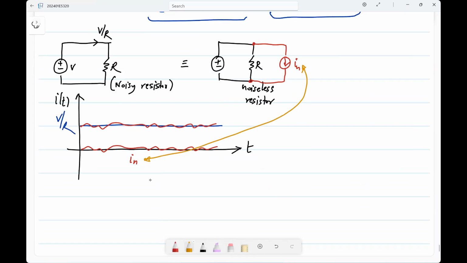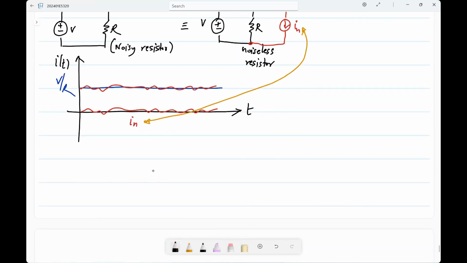Okay. It turns out the model that we use for it, that is the noise current, and in practice the noise is always described by the spectral density, and in circuits by the one-sided spectral density. Okay.